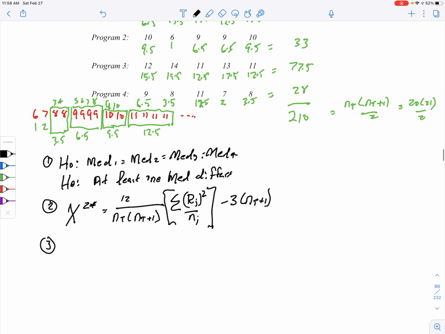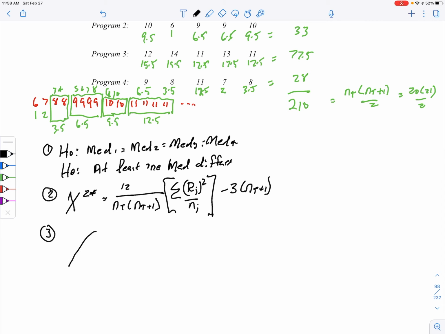Step number 3, this is always an upper tail chi-square test with k minus 1 degrees of freedom. Now, k minus 1 is the number of treatments, and so we've got 4 minus 1 will give you 3.